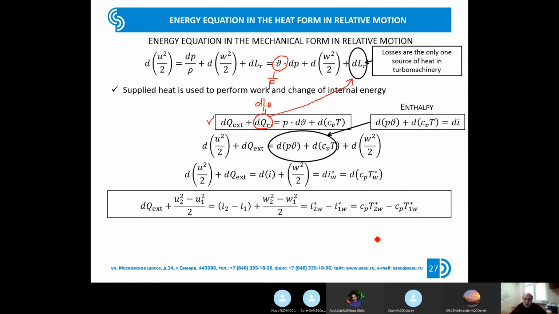But for turbomachinery this equation is important. And that's why maybe you did not study this equation in the gas dynamics courses previously.